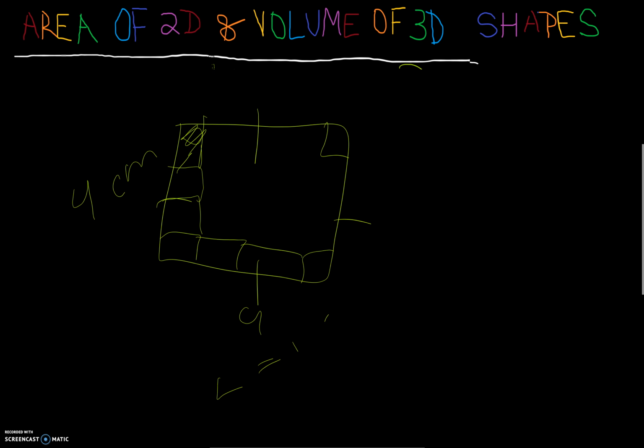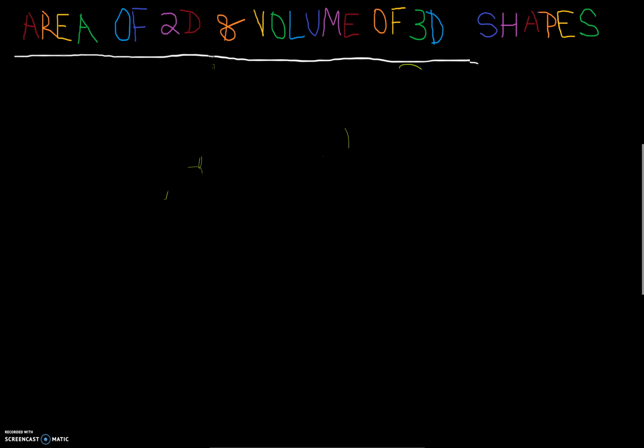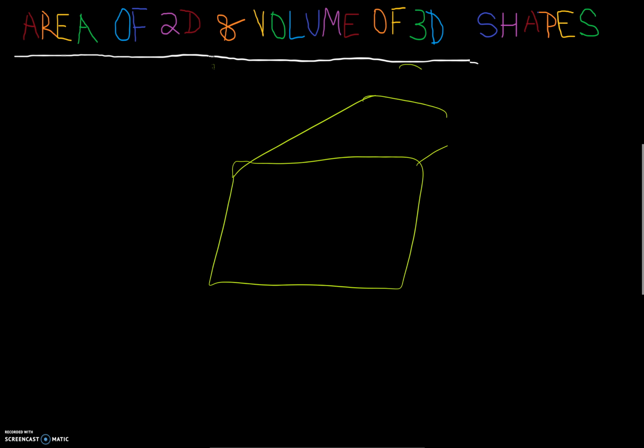So next we're going to talk about cubes. For cubes, I like to imagine a cardboard box because my drawing is not going to be fantastic, so just imagine that. So let's say this is my cube. I know it looks rough. So a cube has 6 faces, and they're all identical.